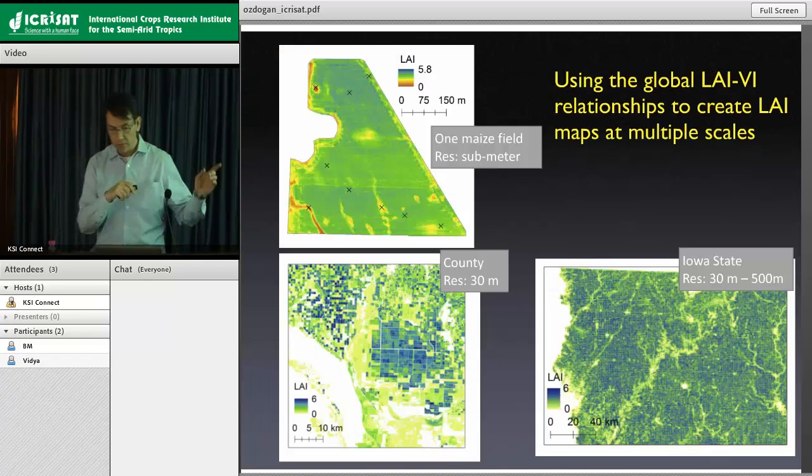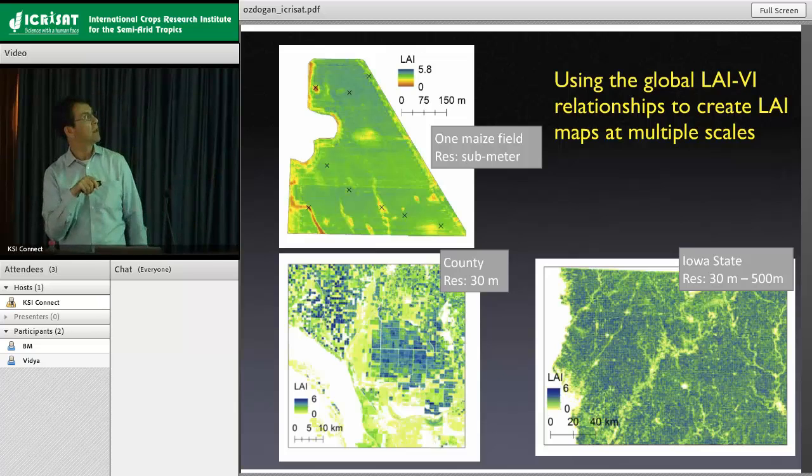And one of the things we can do is take those EVI LAI relationships and make maps of LAI. This is very powerful because if this is an agricultural field, that's an LAI map of the agricultural field. So it gets into this idea of precision agriculture if you're interested in understanding within-field and between-field variability.